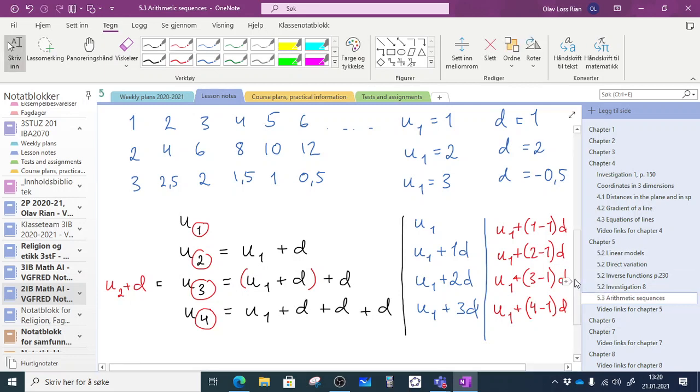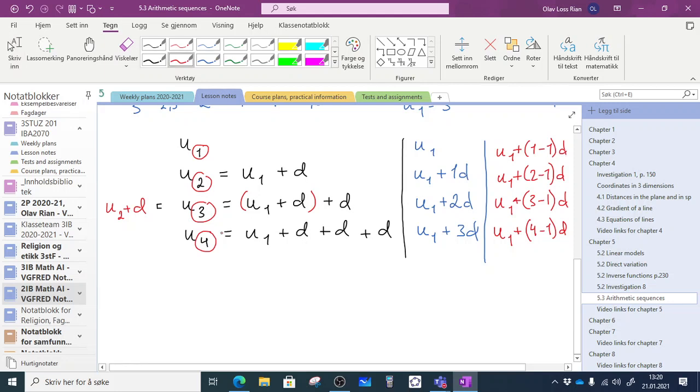And we now end up with a general rule for how to find any term in a given sequence.